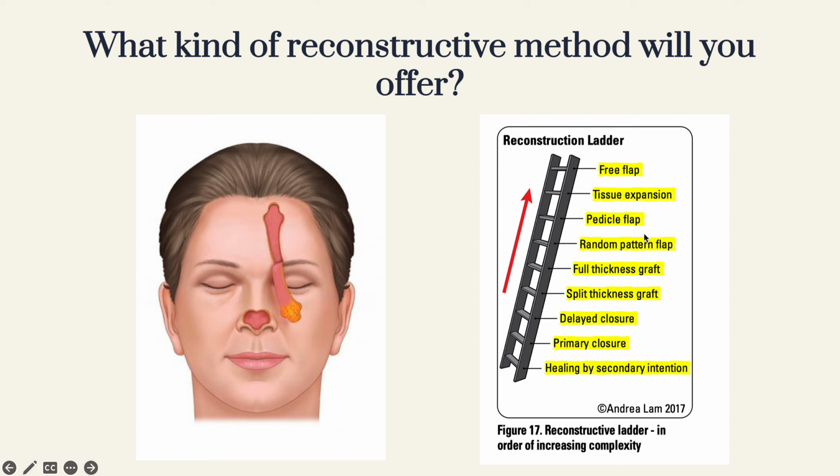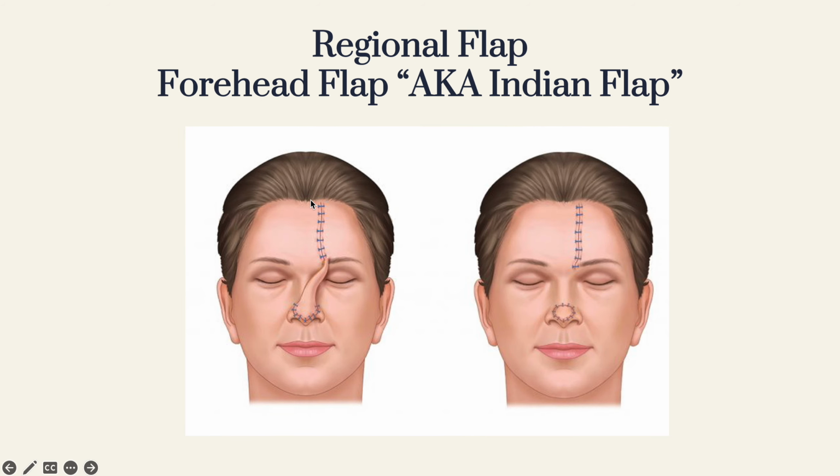So let's go to the flap. Yes, flap would be a very reasonable approach in this case, especially if we're talking about regional axial flaps, such as in this case. This is what we call the forehead flap or the Indian flap.